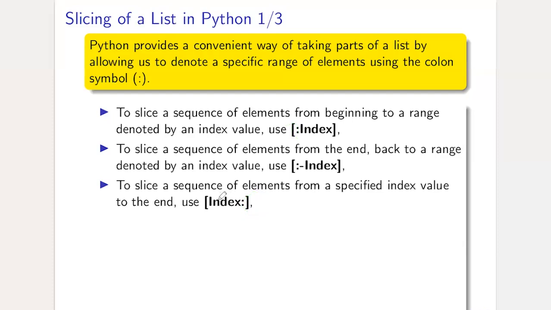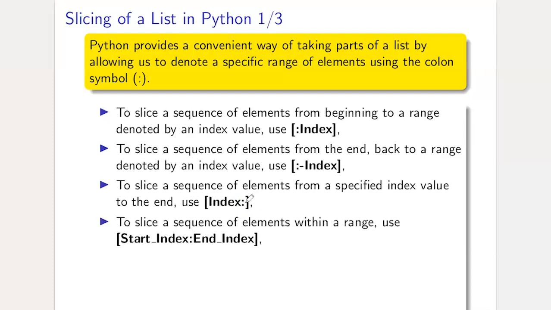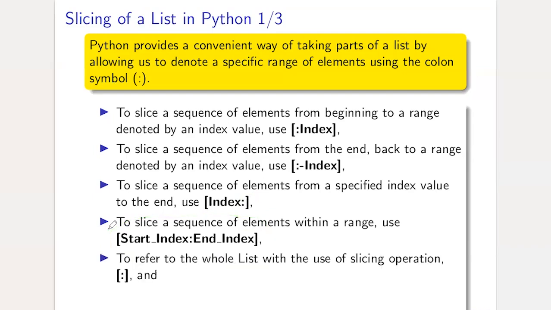That is implicit. So we say index, colon, and this is how we specify it. That is either going from the beginning to an index value or going from an index value to the last item. In addition to that, we can specify the start and end and get a sub list from the given list.